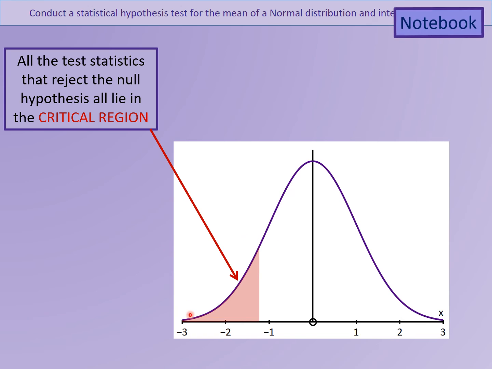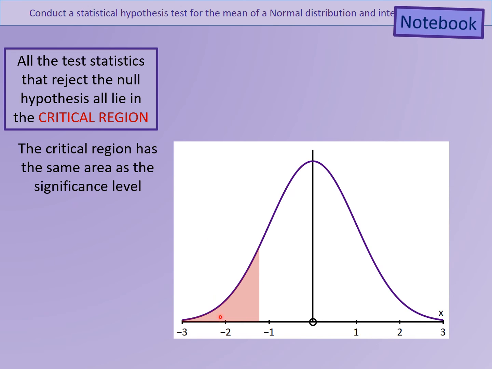The test statistics that lie in what we call our critical region, just here, are the ones where you would reject the null hypothesis. It's far enough away from the mean that you would reject that null hypothesis. When we come to working out what this percentage is, it's to do with the significance level.